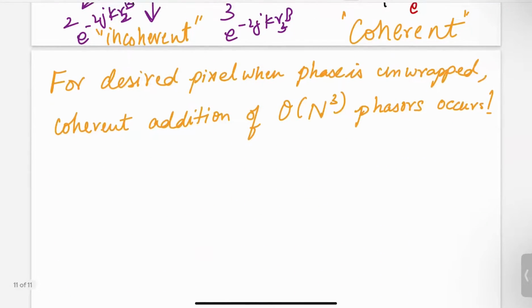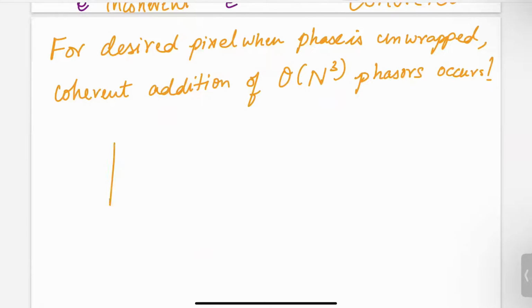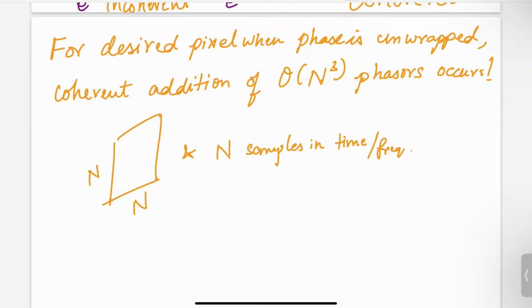What do I mean by n to the 3? So I have n by n elements, let's say, and I have n samples in time or frequency, just for the sake of argument. That is essentially my S_B tilde of x prime, y prime, k. So this is n, and this is n.